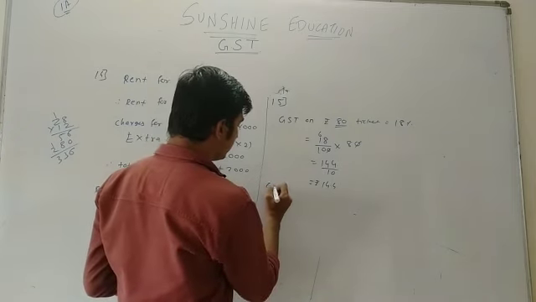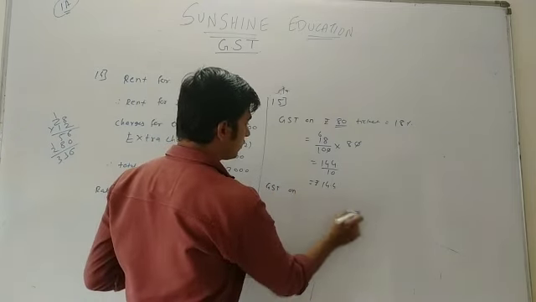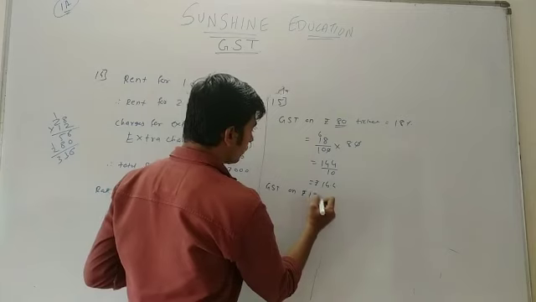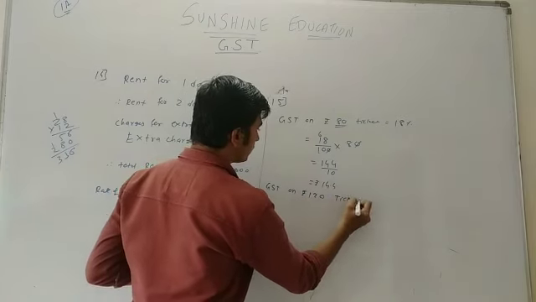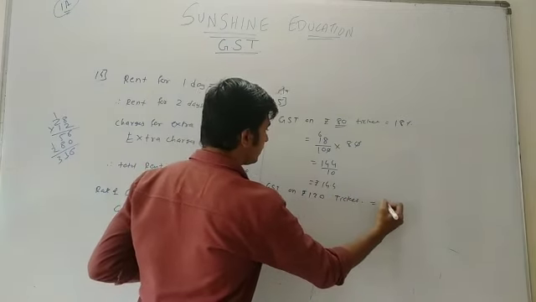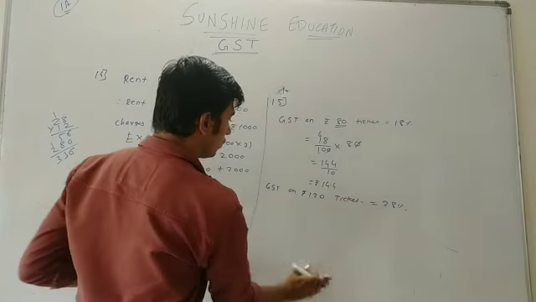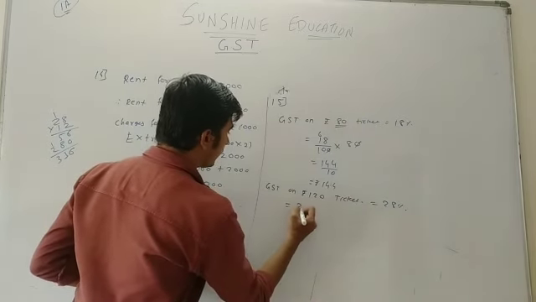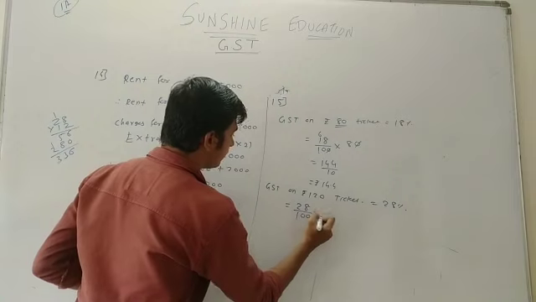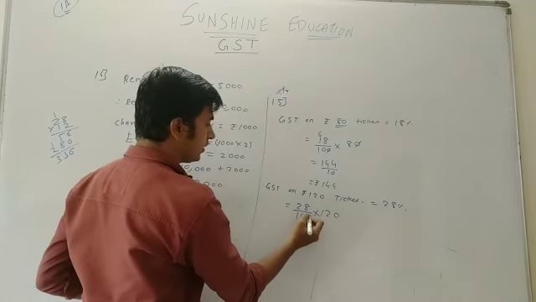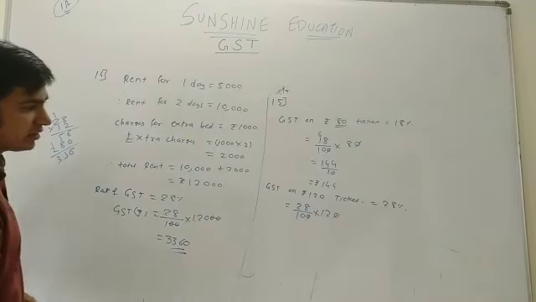And the GST for the upper class ticket, that is above 100, is 28%. So GST on the rupees 120 ticket is 28%. So 28 upon 100 multiplied by 120. The zero will get cancelled.